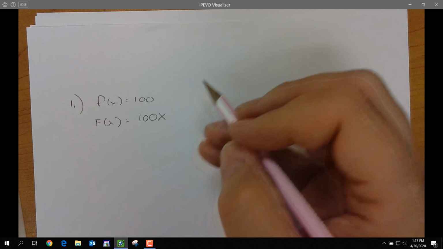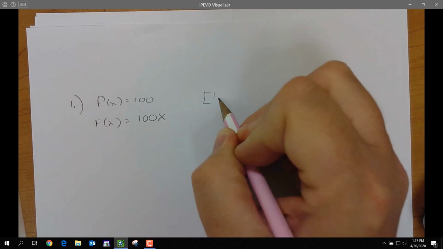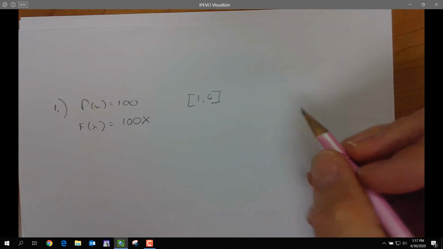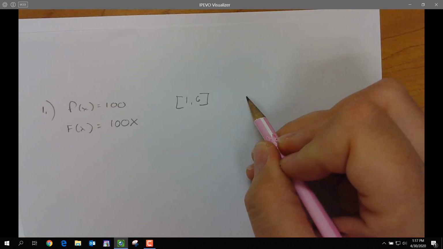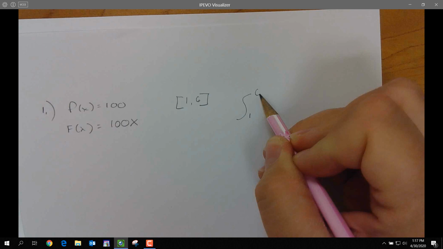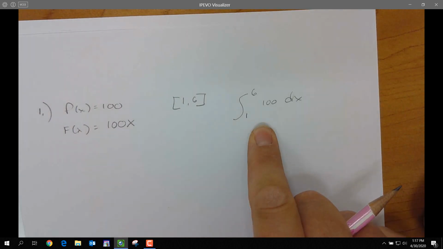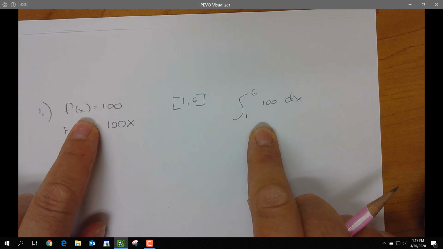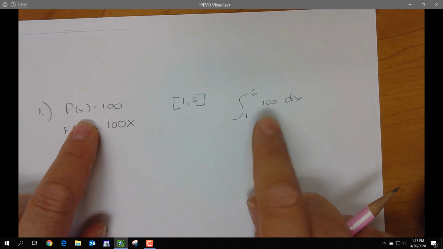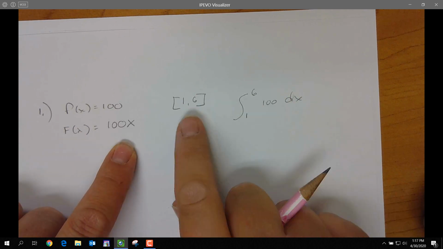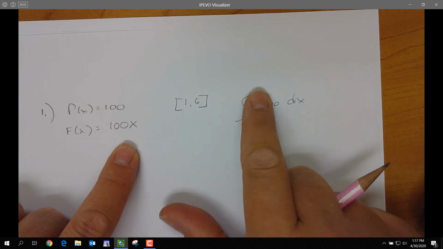And then we know this one, we're going to say goes from 1 to 6. So I didn't quite write it in integral form. I could, it would be 1, 6, and then this would be 100 dx. This problem and this problem are exactly the same. You would take the antiderivative, which I did here, make it 100x, and we have our integral here, same here.